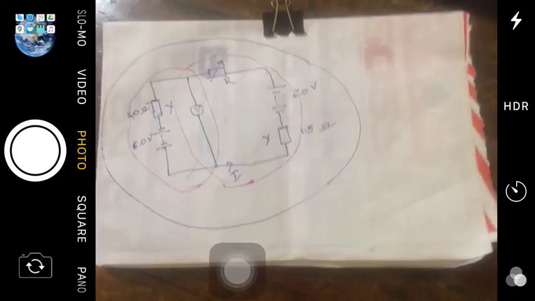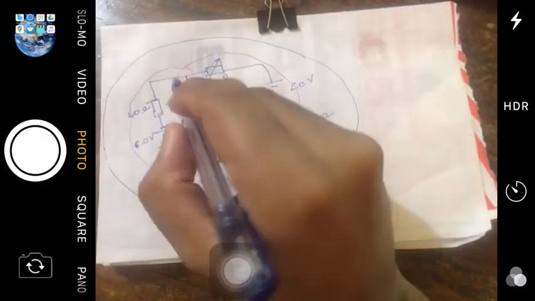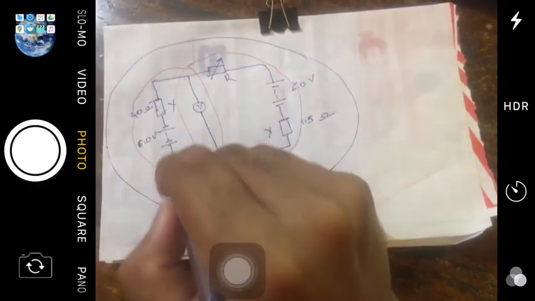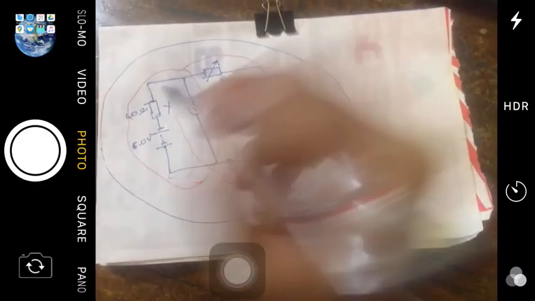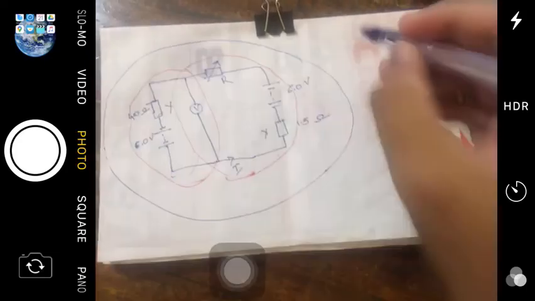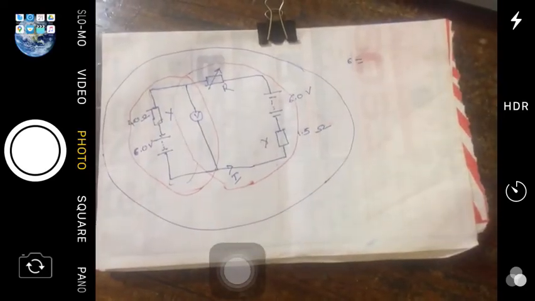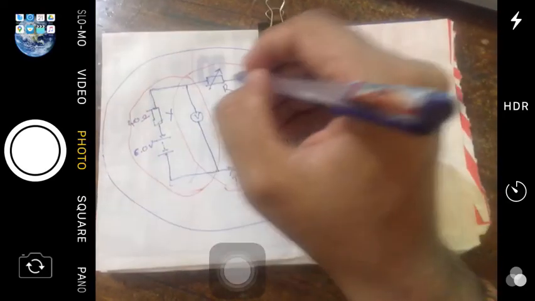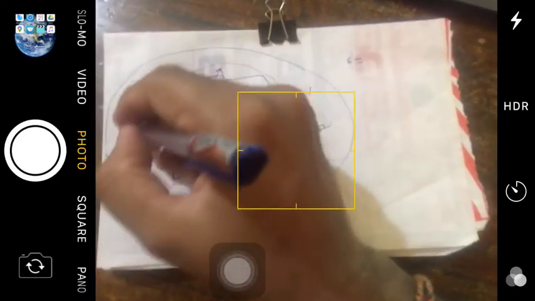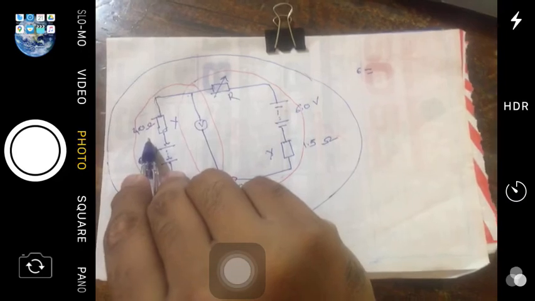This is the argument. Okay, so in this closed loop, starting here, the EMF is equal to the PD. So the EMF is 6 volts. That is equal to the sum of the PDs, and the only potential difference is across this 4 ohm resistor.